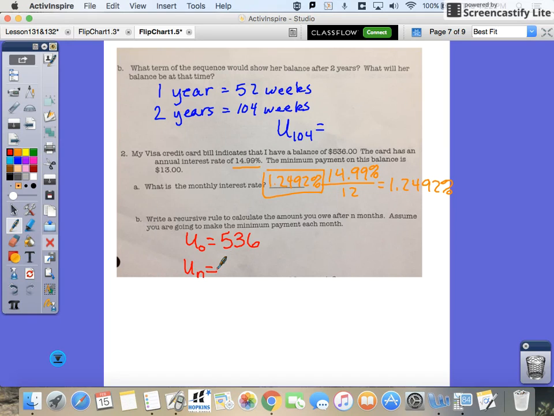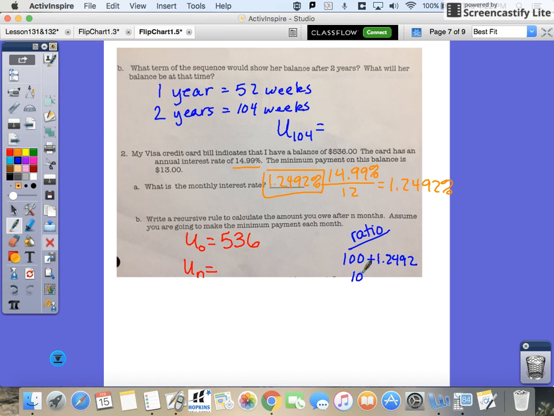Then U sub n equals the rate that we're going to multiply by, which we're going to calculate over here. So we already know you have to pay 100% of it back. You have to pay all of that $536, and you're going to pay 1.2492% interest each month.